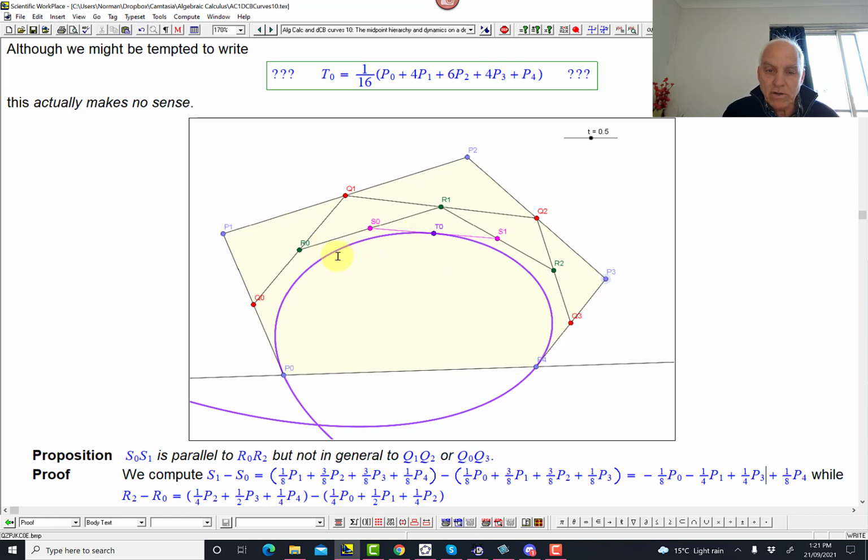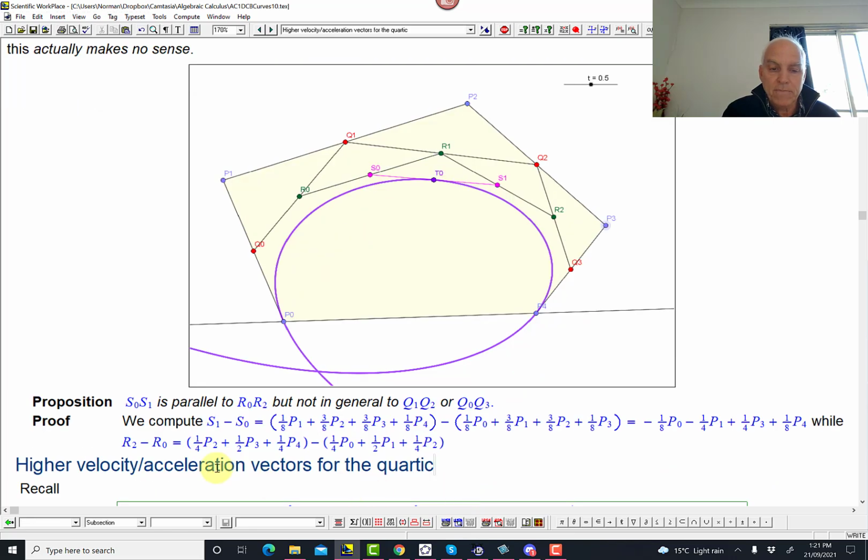Now, how about the vector from R0 to R2? That's down here. R2 minus R0, so there's the expression for R2, and there's the expression for R0, separated by 2 in terms of the indices. If we evaluate this, and let me again put it in more standard form with P0 first, and then P1, and then P3, now we can compare this.